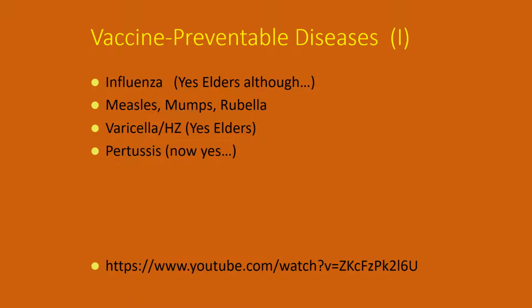There is some concern that if you give it too early, the effect may wear off. So most folks are waiting till age 60, but some patients will go to the pharmacy, hand the pharmacy their insurance card, and the pharmacy will go ahead and do it after age 50 if their insurance covers it. So it's a variable practice, but something that you're going to see, I think, increasing over the next several years.